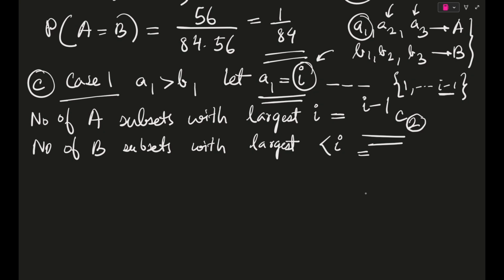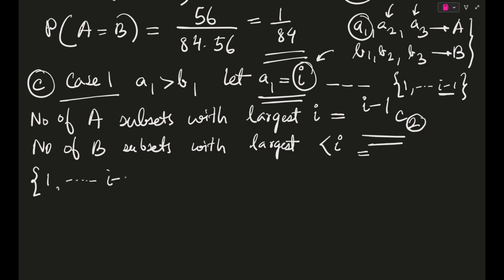Because to make sure that the number B is selecting is less than the number A is selecting, we will always make Mr. B select all the 3 digits between 1 to I minus 1.